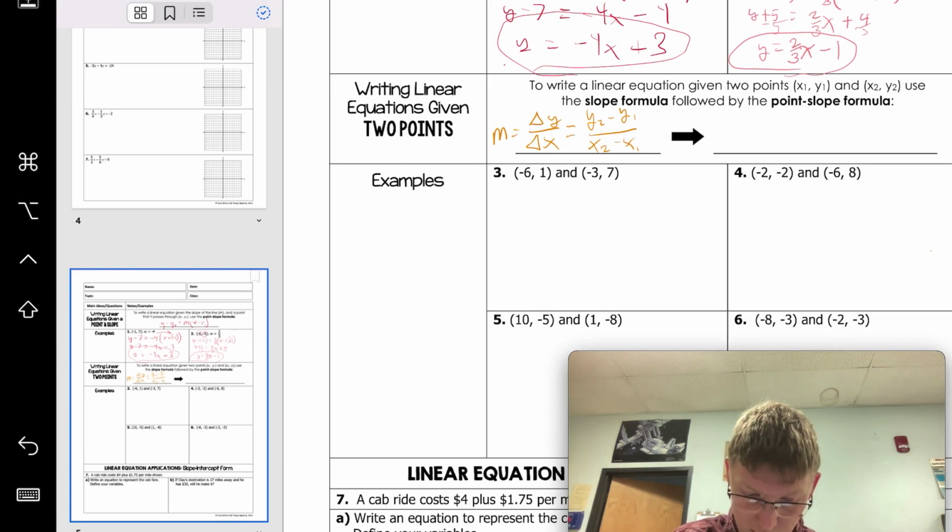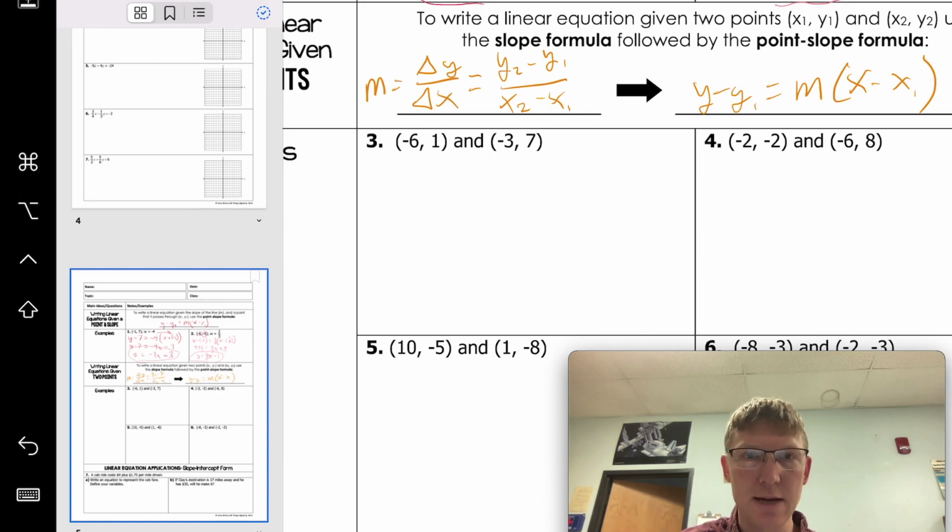And then we'll use the point slope formula, which we've been using: y minus y1 equals m, the slope that we get from that formula, times x minus x1. So let's try some examples.